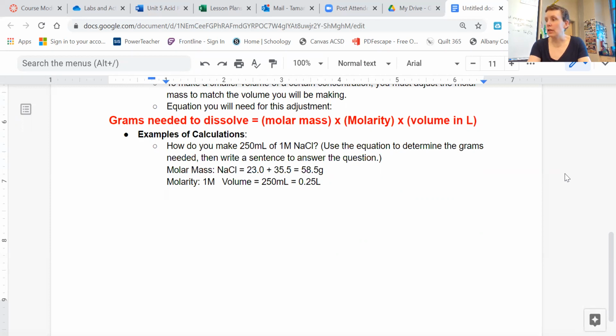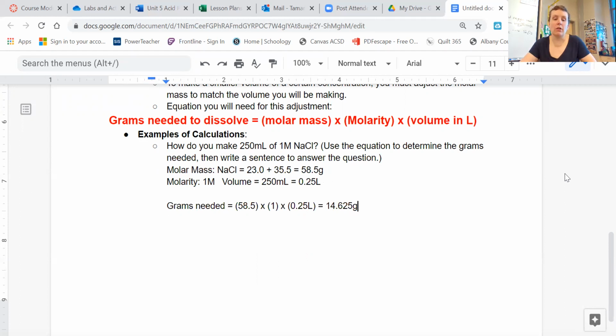So here's our calculation. Grams needed equals molar mass, so 58.5, times molarity, which is 1 for this problem, times the volume in liters. And we're going to end up with 14.625 grams.